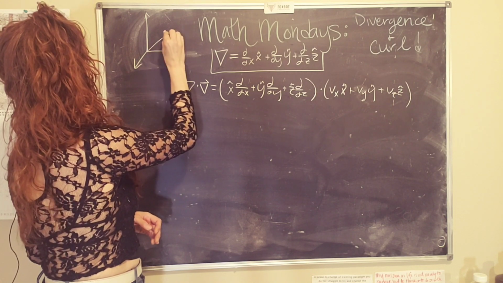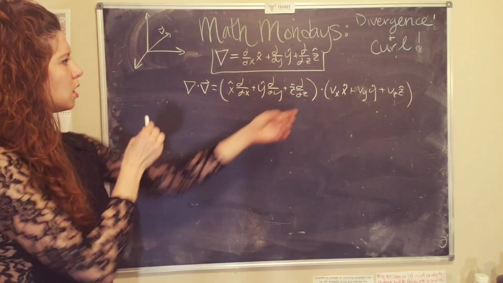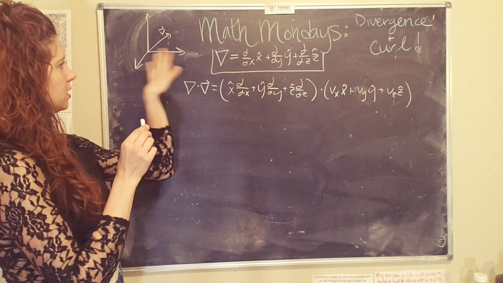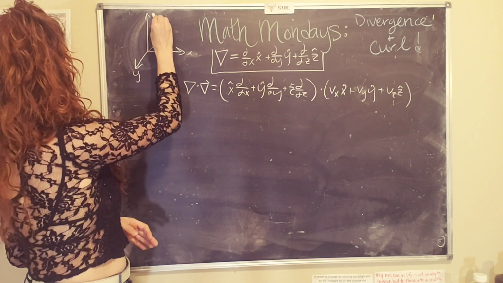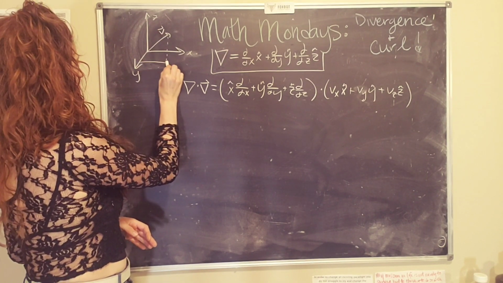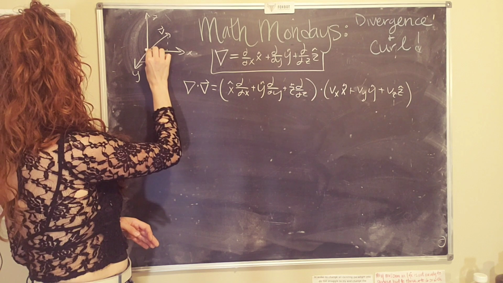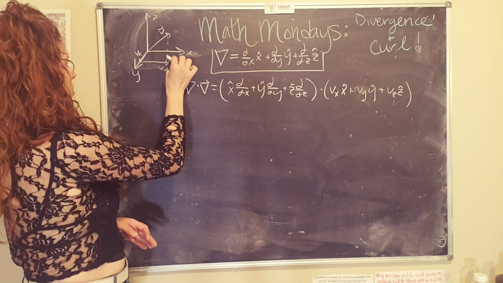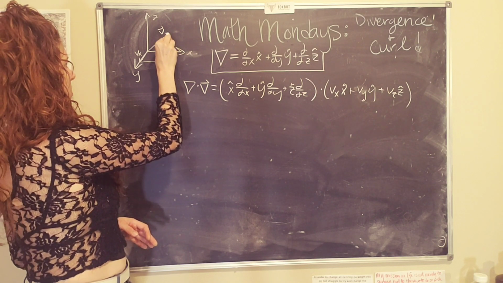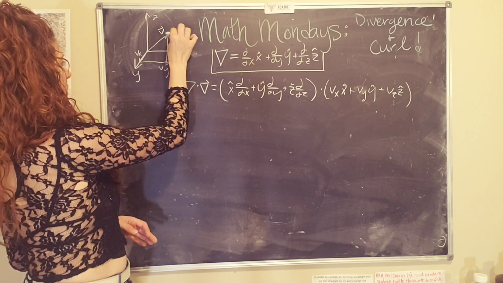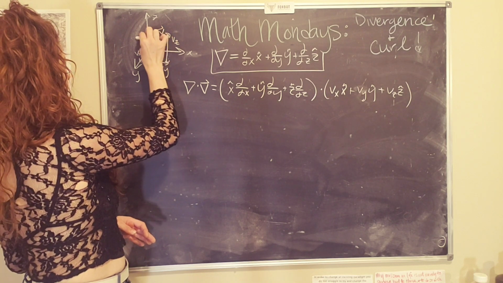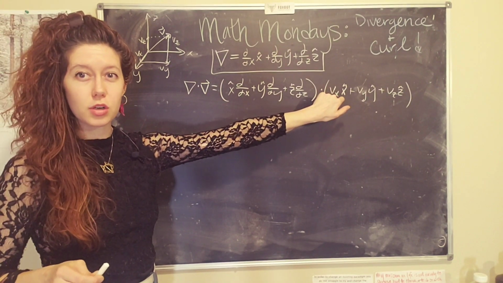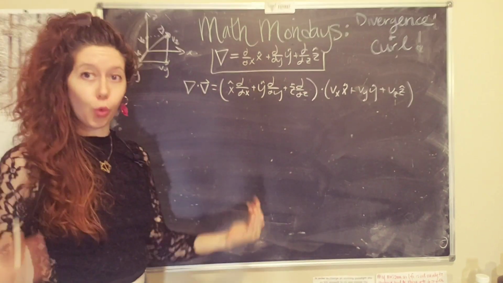So for example, if my vector was like this, v, if I were to draw a line down to the bottom, where this is x, this is y, and this is z, this would be vy, this would be vx, and then this would be vz. So basically just the components of the vector in that particular direction only.